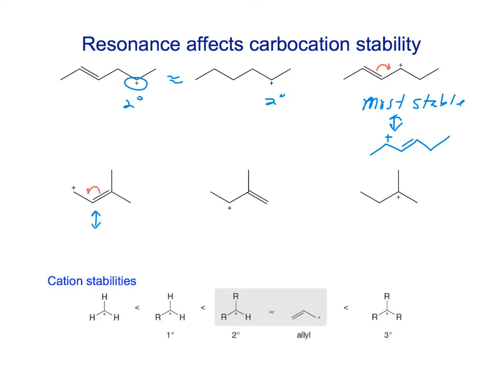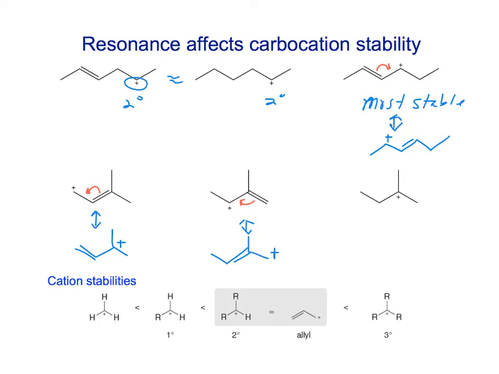The pi bond always moves towards the plus, and so this would give us a resonance contributor like this. In the middle one, again, the pi bond moves toward the plus, and so we get the plus like this.